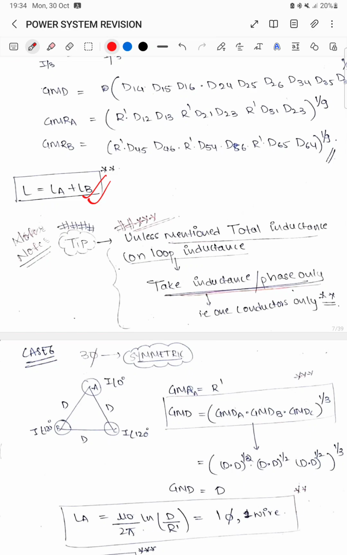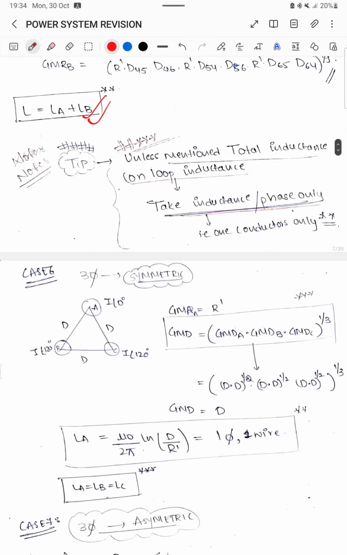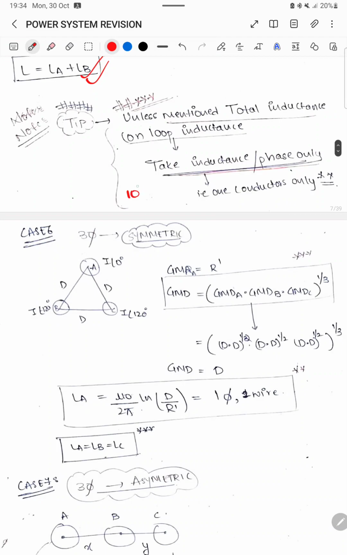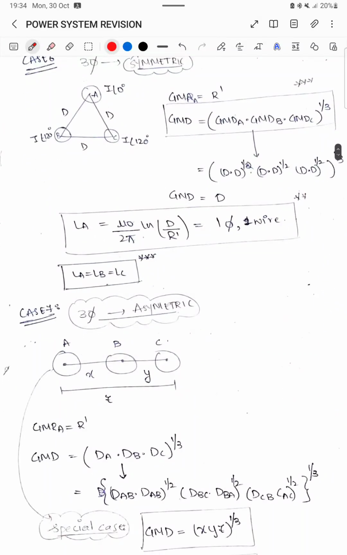Take it per phase only. That is single phase, single wire only. Single phase means mu naught upon 2 pi ln d upon r. This is the one to be considered, unless total inductance or something like that is mentioned. Fine. Now let's move to the symmetric part.